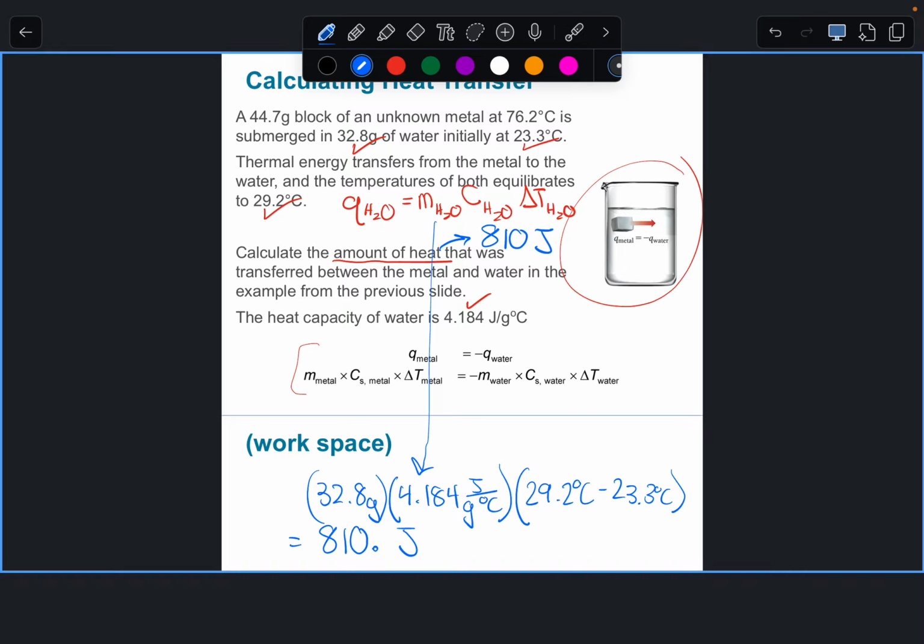So we're not going to do the calculation, but I want you guys to just think through how you would do this, and for the sake of time, I'll leave it for you guys to do on your own if you want. Think about how you could figure out what metal this is, because it says it's an unknown metal.